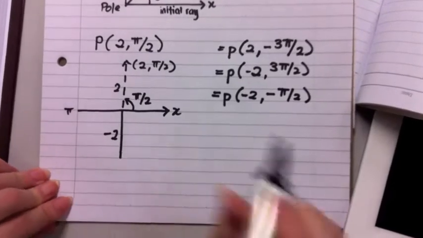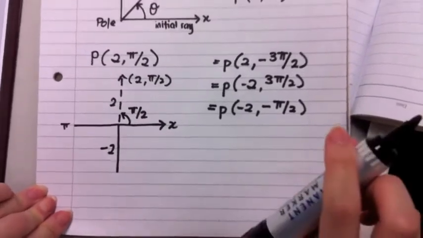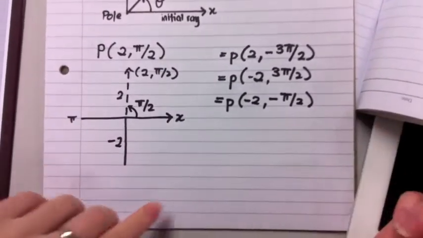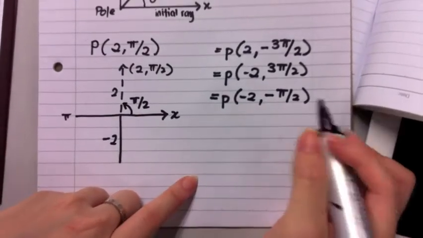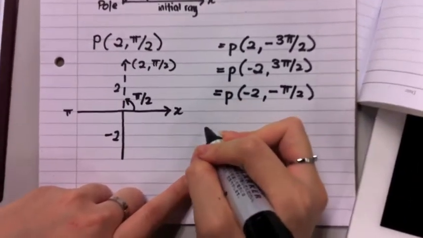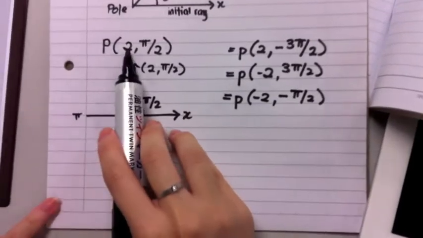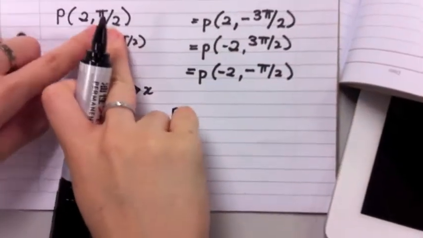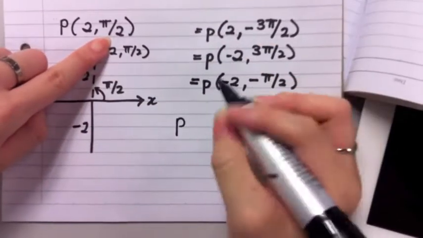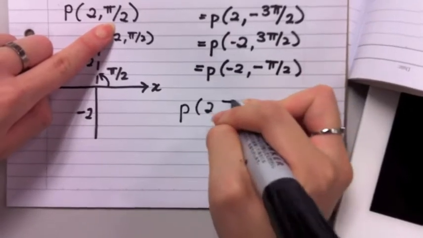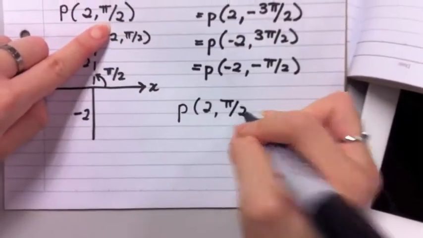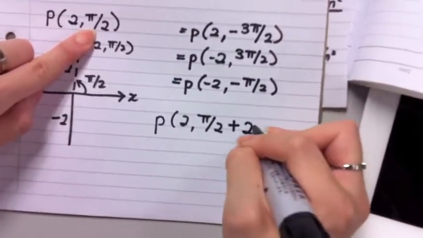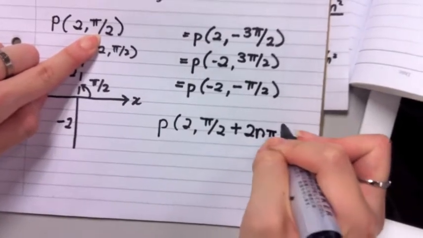You can also generalize. You can make two general equations from this. Looking at these two that are positive, whichever has theta positive, you just write it as pi over 2 plus 2n pi.